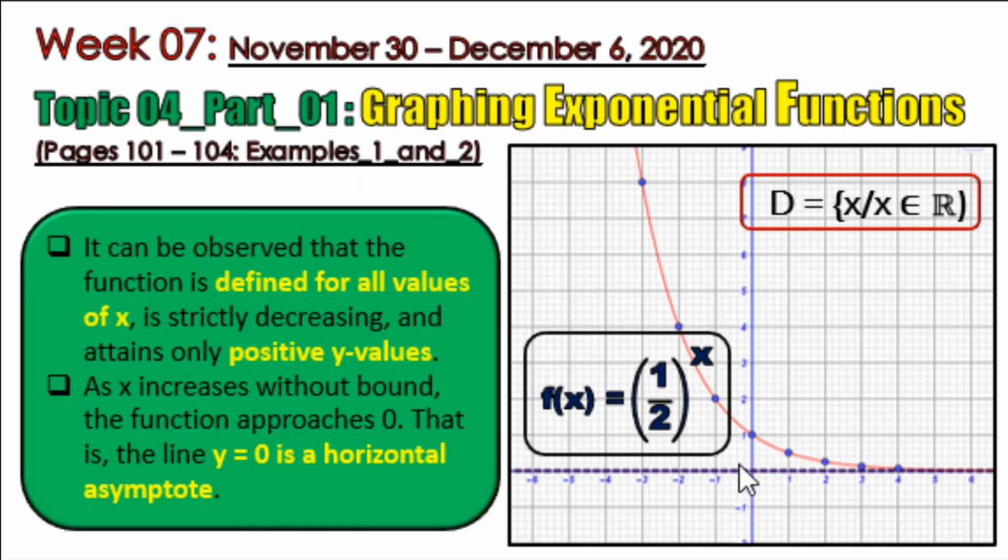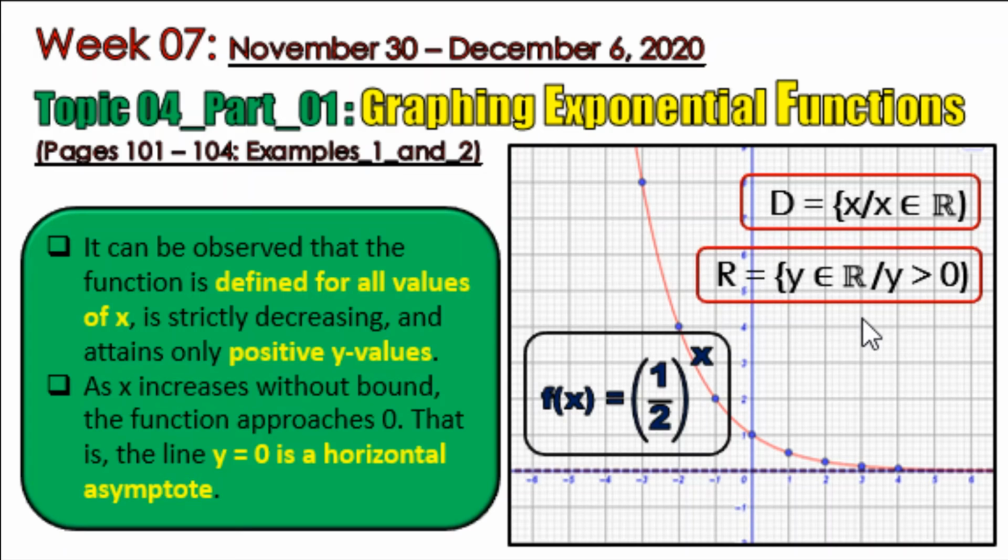So the values of your y is always greater than 0, or positive numbers. And therefore, for this function, our range is a set of y element of real numbers such that y is greater than 0.